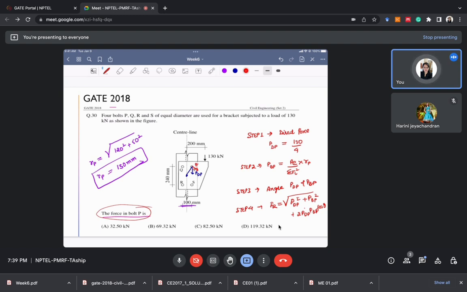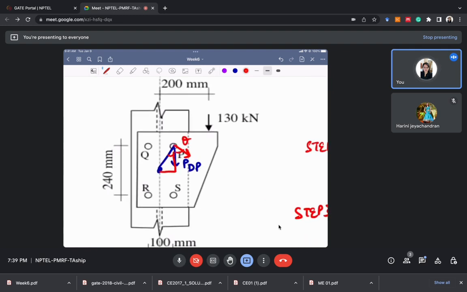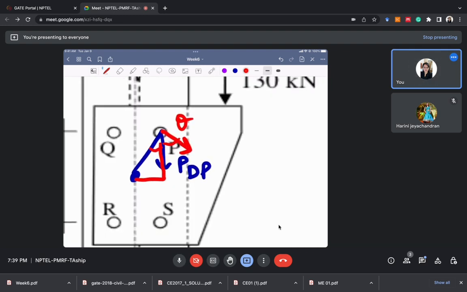Okay, so to calculate this angle, there are different methods. You can use any of them, but I'll use this. So this angle, I'll call it theta 1.